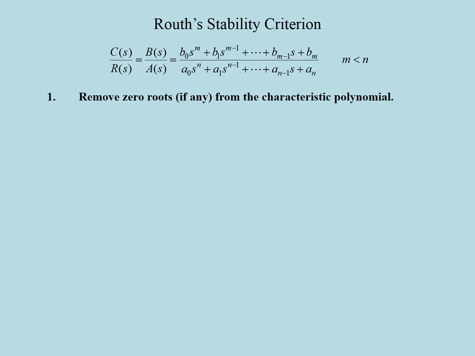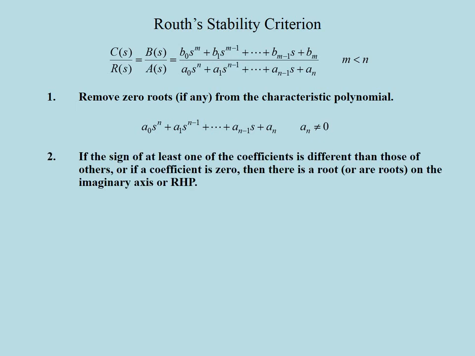For the rest of the test, we can assume that the constant term of the polynomial, that is a sub n, is non-zero. In the second part of the test, we check if the sign of any one of the coefficients is different than those of others, or if a coefficient is 0. Because if so, that would mean there is a root or are roots of the polynomial on the imaginary axis or on the right half plane.